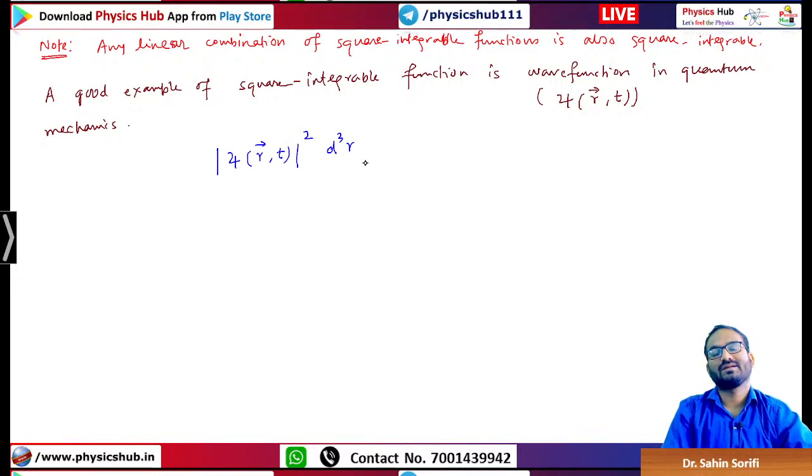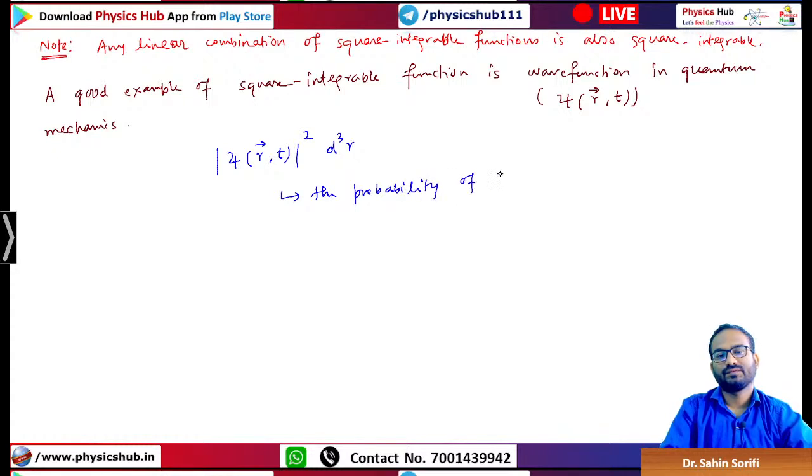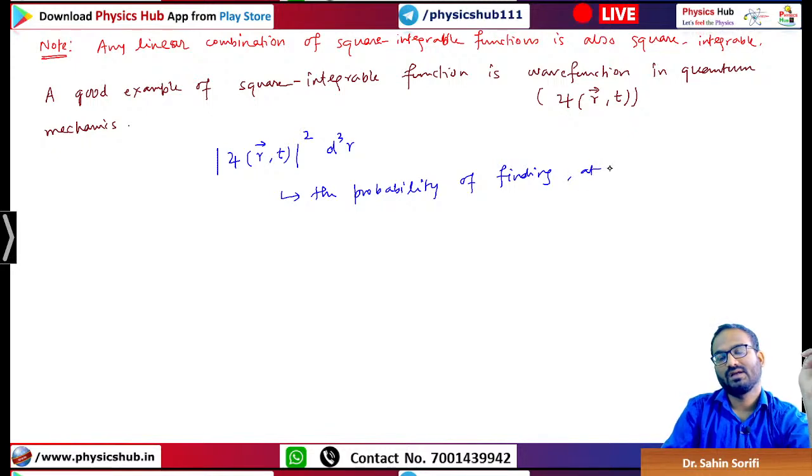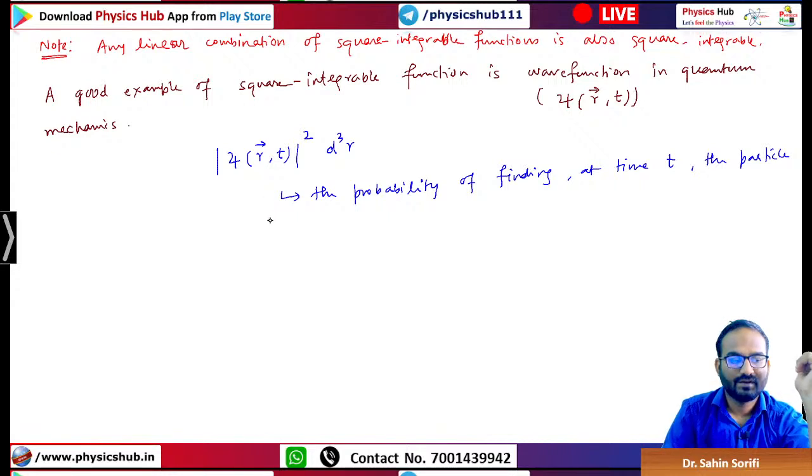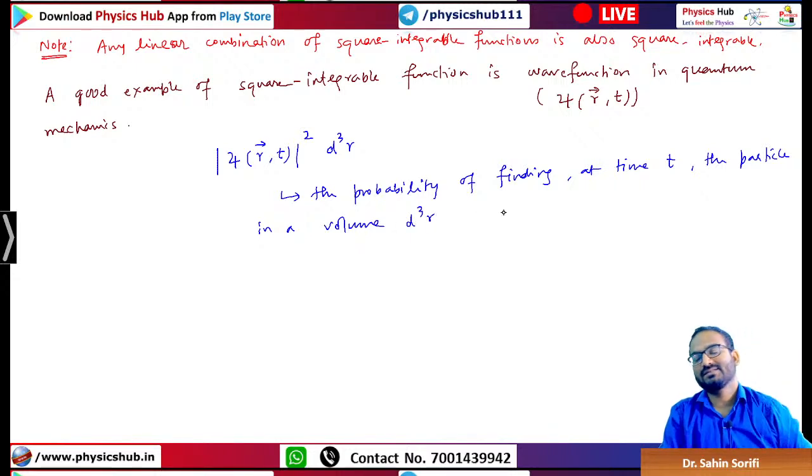So what does this give you? It gives you the probability of finding the particle at time t in a volume d cube r.